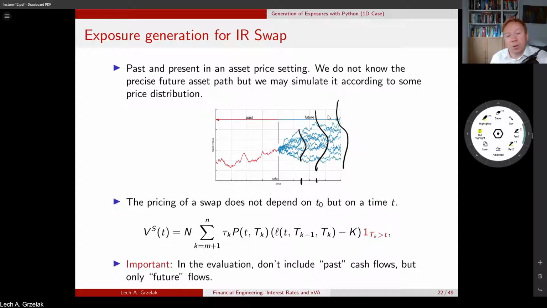As we go in time, the cash flows reduce, so we pay off the outstanding payments. We have less and less risk associated with a counterparty that would default. So again, this is the definition of a swap. An important part, indeed, is to always exclude the past flows from evaluations.